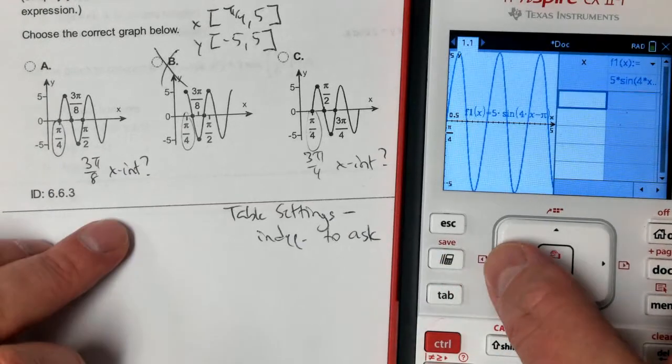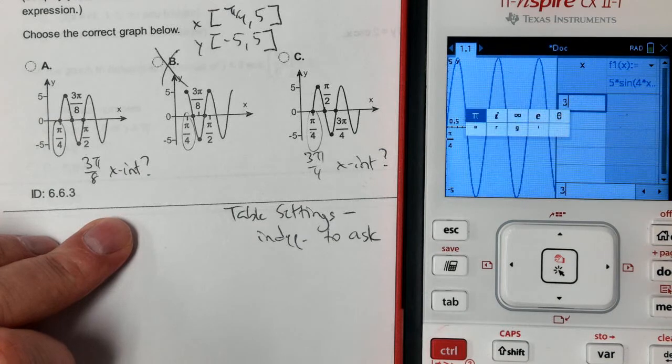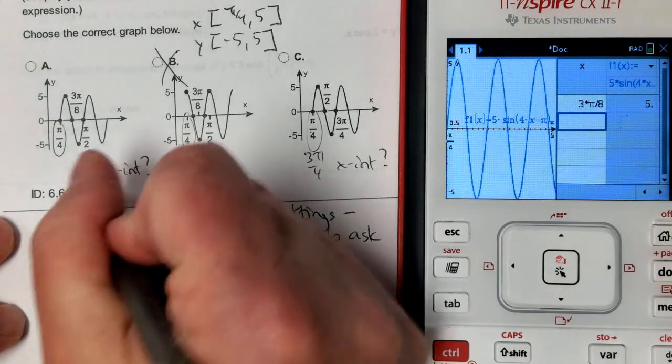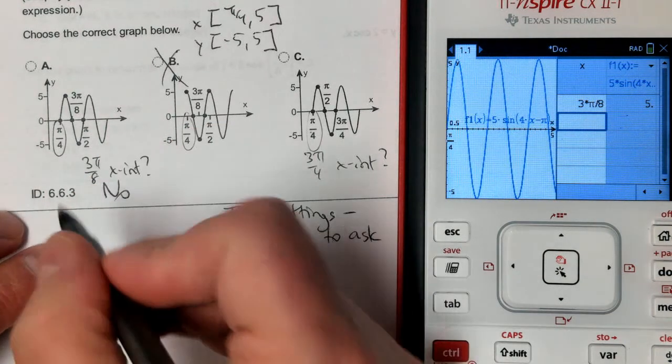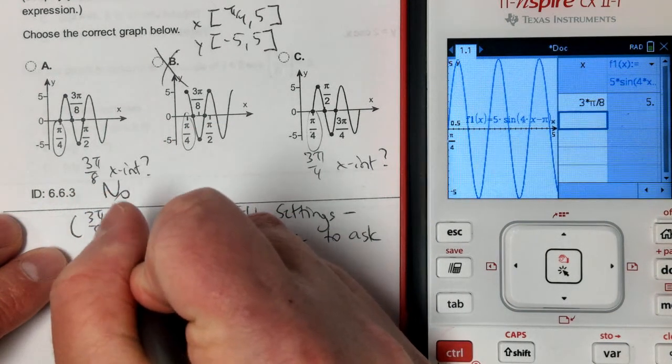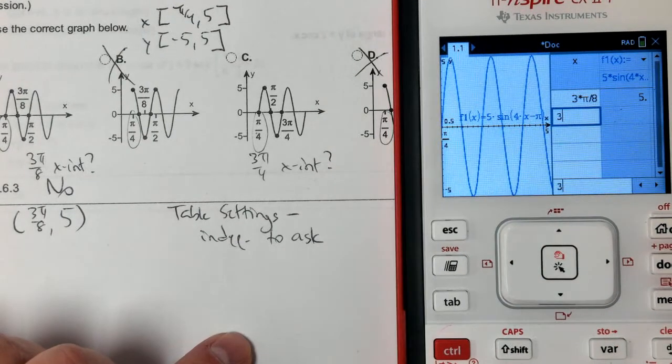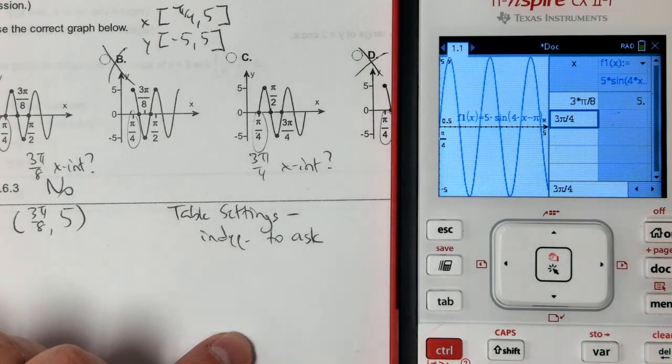And so then when we hit 3 pi eighths, it says 5. So it's 3 pi eighths, comma 5. And then this other one I put 3 pi over 4.